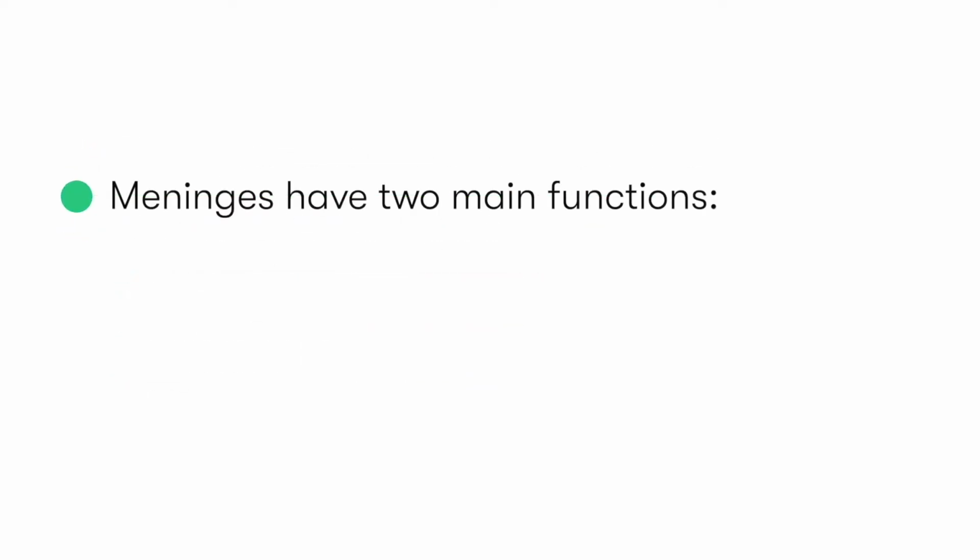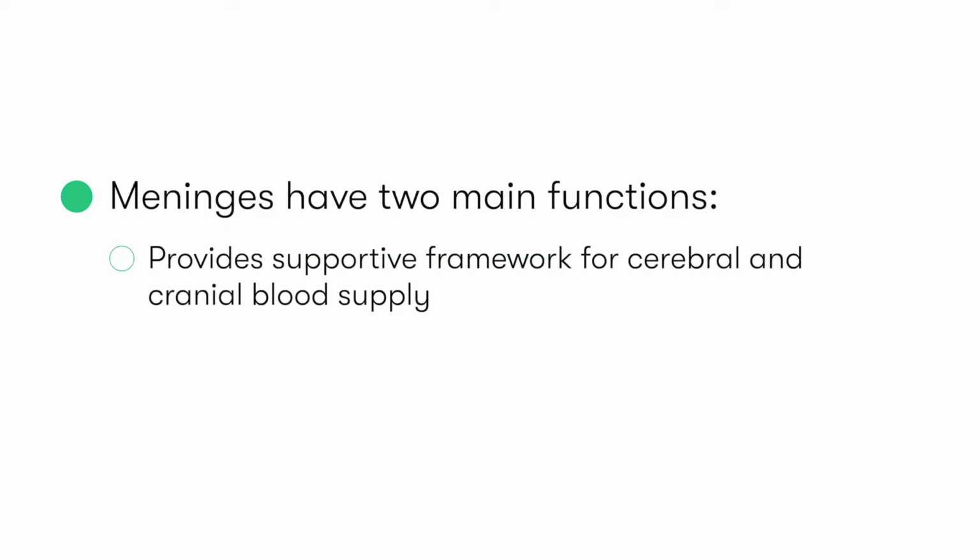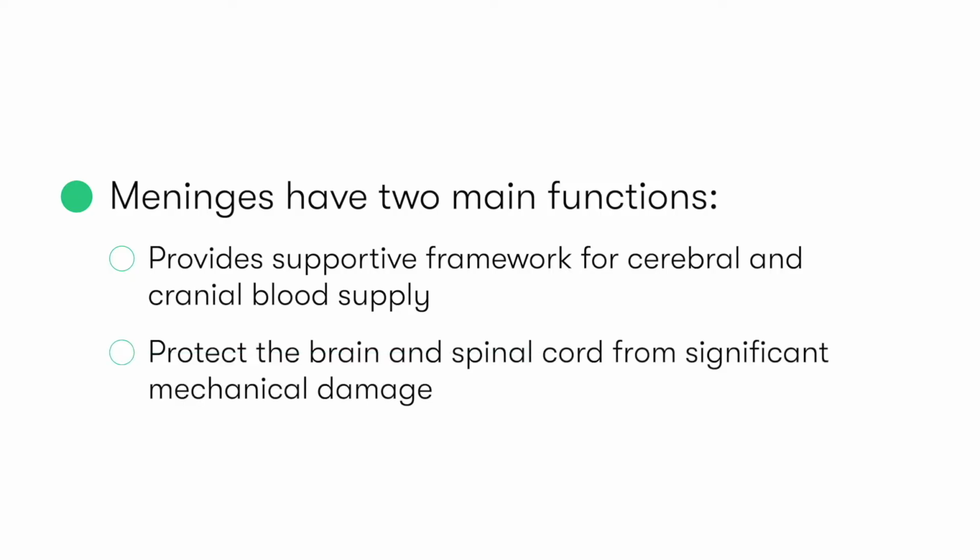The meninges have 2 main functions. They provide a supportive framework for both the cerebral and the cranial blood supply, and also, acting with the aid of the cerebrospinal fluid, or CSF, the meninges protect the brain and spinal cord from significant mechanical damage. So essentially, almost being like a shock absorber for the brain during fast movement of the head.